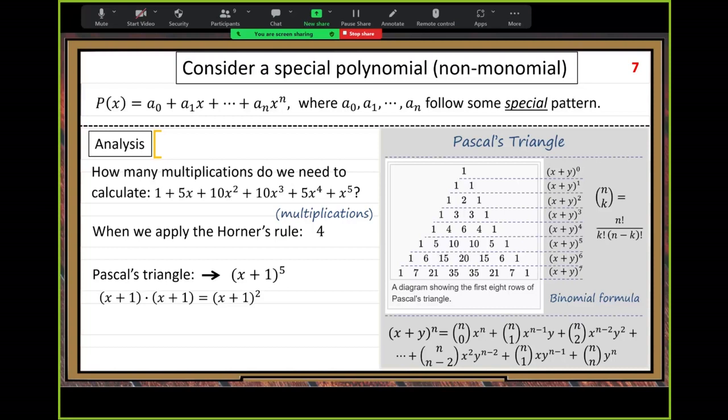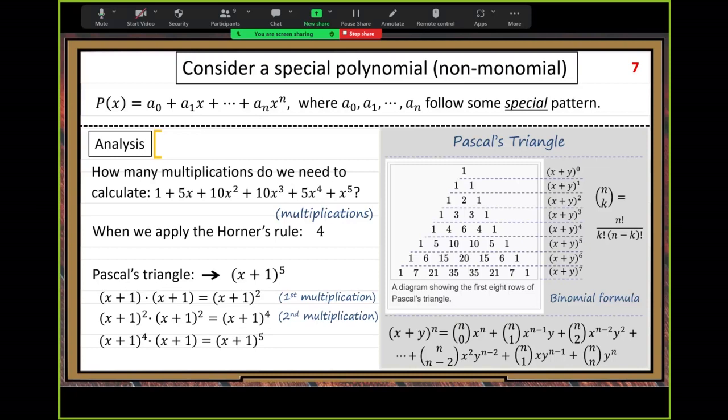The first one: x plus 1 times itself, x plus 1 squared. Second multiplication: x plus 1 squared times x plus 1 squared equals x plus 1 to the fourth. Then the last multiplication: x plus 1 to the fourth times x plus 1 equals x plus 1 to the fifth.